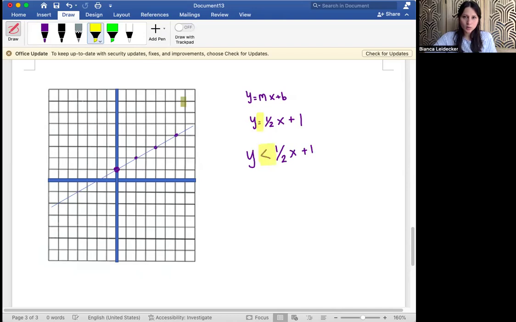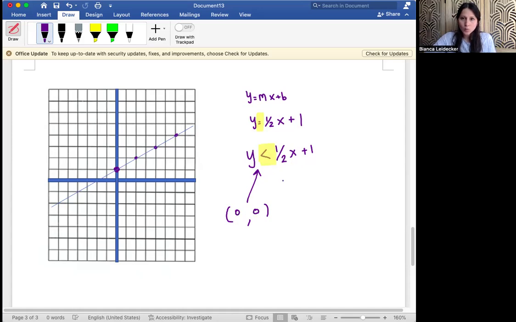It is an inequality, a less than sign here. What would this mean? This would mean that if I were to put up an XY ordered pair, whatever I put in for x would have to be greater than the output of y. So let's say I use 0, 0.